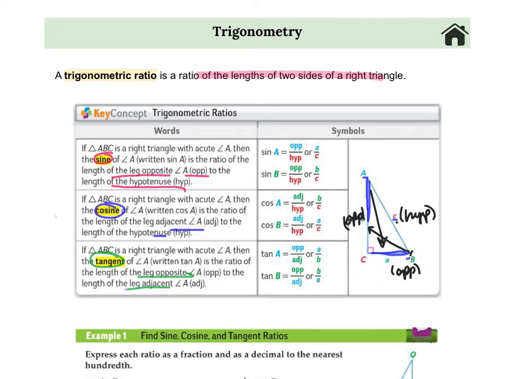The way that you can remember these three trigonometric ratios is by the acronym SOHCAHTOA, where we are just comparing the things that are involved. With sine, the S for sine, we have opposite over hypotenuse, SOH.